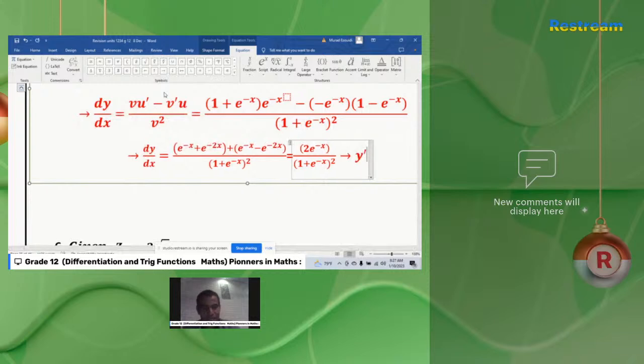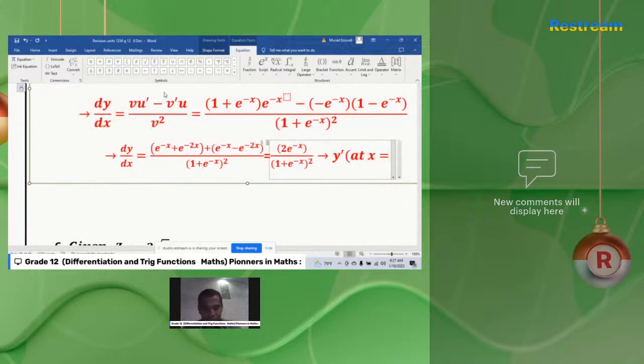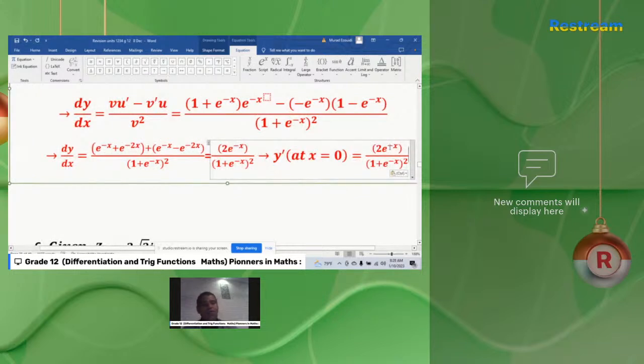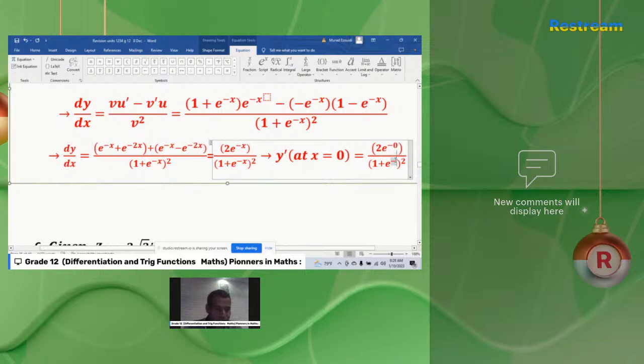Therefore, y dash at x equal 0, at the origin, and y equals 0. So I will get y dash, which is equal to 2 times exponential of minus 0, minus 0, which is 0 in fact, minus 0 here also, which is 0 in fact.